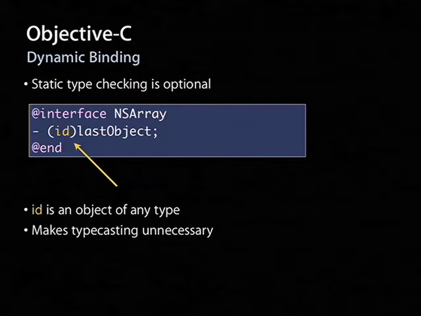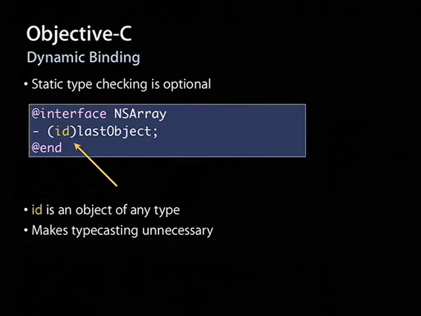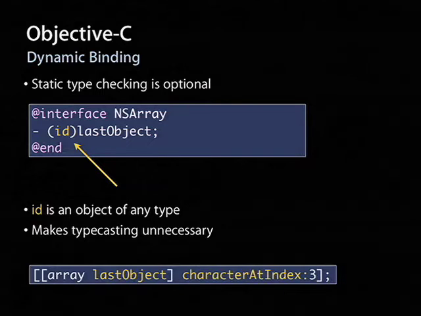So I know in Java, if you want to take an object out of an array list, in the bad old days before generics, you'd have to do the typecast of the type you want. In Objective-C, that's not necessary because of this id type. For example, if we call the lastObject method on an array, we can call string methods on this object, such as characterAtIndex. And the compiler is just going to trust us that this object in the array is really an instance of NSString.